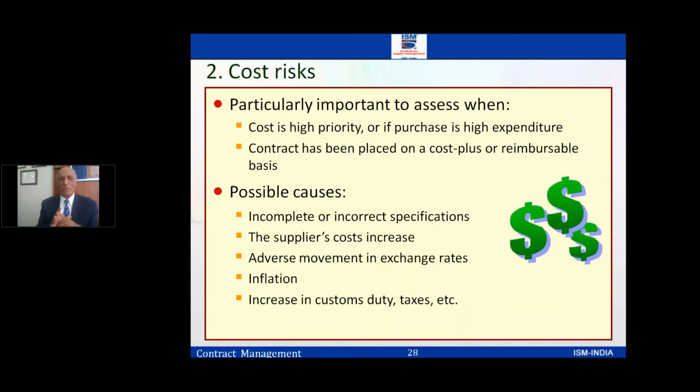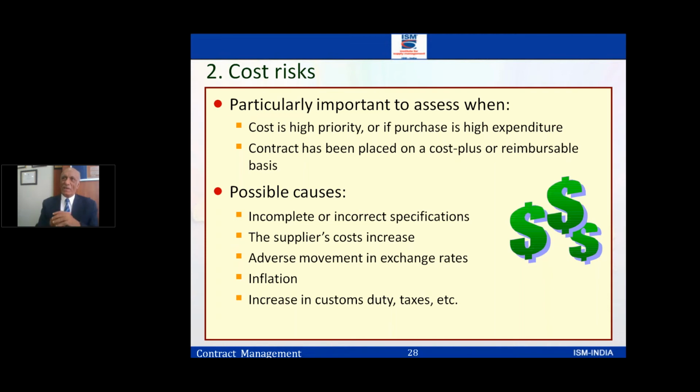Next comes the cost risk. When cost is a high priority, or if the item is of very high expenditure, coming as an A item in my category, and a contract has been made on a cost plus reimbursable basis, that means this is becoming a risk for me. And the possible causes, again, incorrect specs, incomplete specs. I think you will find this very common in manufacturing.